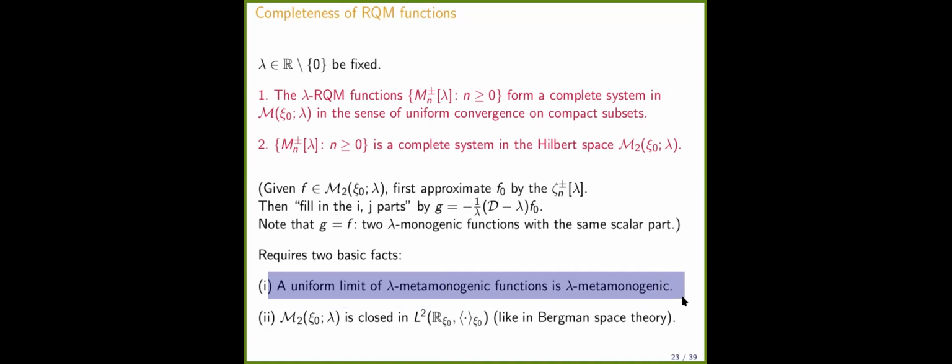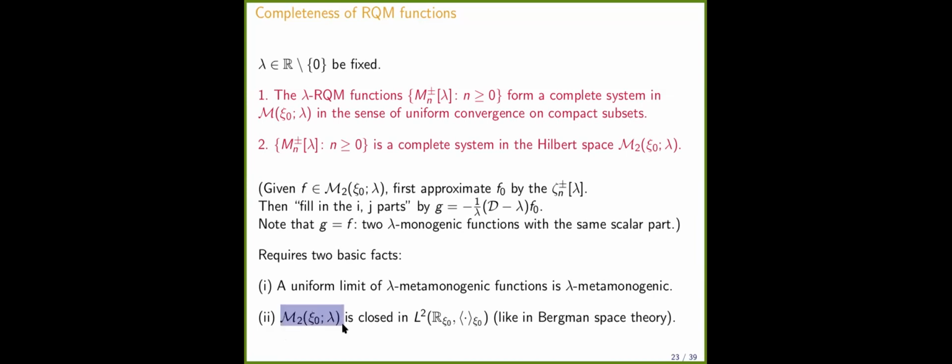So that's another story. And then to prove the result for the Hilbert space M2, you have to do a result analogous to what's done in Bergman space theory, which says basically that the evaluation operator of a holomorphic function is a continuous operator, which implies that the corresponding space of holomorphic functions is closed in L2. So with those results, you can prove these completeness theorems.